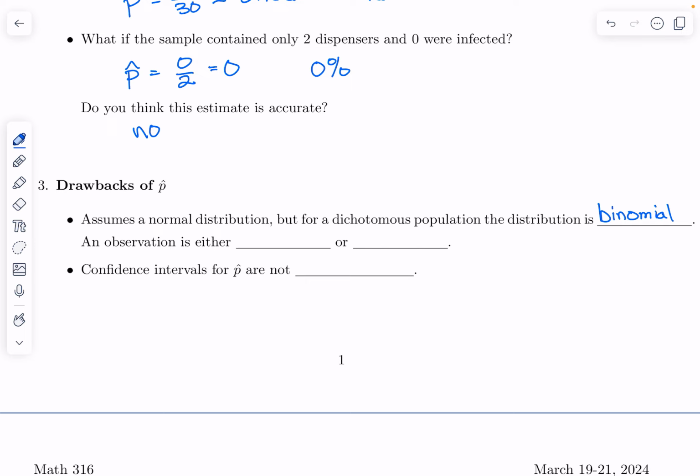An observation in this case is either positive or negative, or true or false. And the confidence intervals for p hat turn out not to be very reliable. So what we would like to do is make an adjustment to our population proportion so that we don't have examples like the one we saw above where we ended up estimating that 0% of the dispensers were infected.